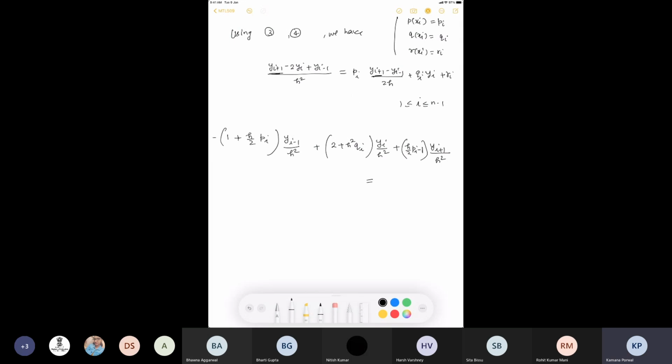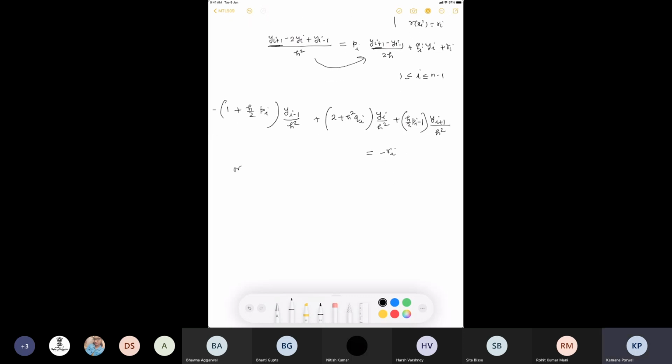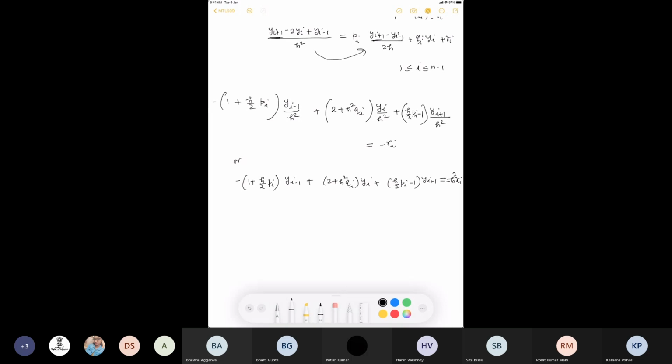And this equals, note that basically I've taken this term to this side, and ri I'm taking to the other side. So this will be minus ri. Or I can write this as minus (1 plus h by 2 pi) y(i-1) plus (2 plus h square qi) yi plus (h by 2 pi minus 1) y(i+1) equals minus h square ri. Okay, and i is ranging from 1 up to n minus 1.